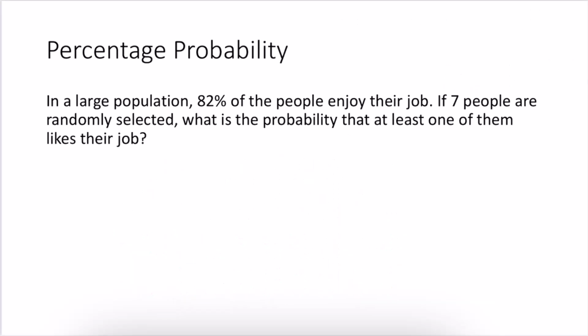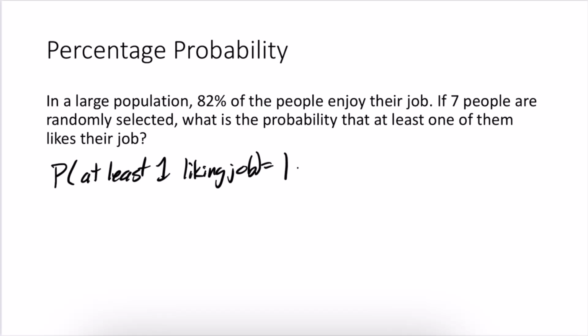And you can also do this type of idea with percentage probabilities. So in a large population, 82% of the people enjoy their job. And if 7 people are randomly selected, what is the probability that at least one of them likes their job? The way that I would calculate this one is I would say the probability of at least one liking their job would equal 1 minus the probability that none of them like their job.